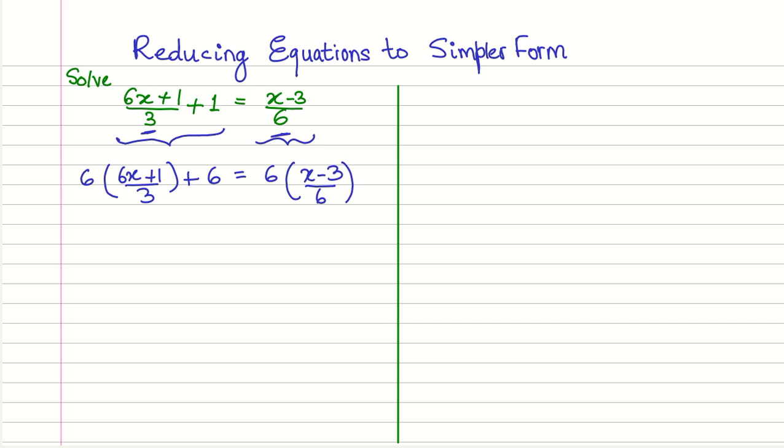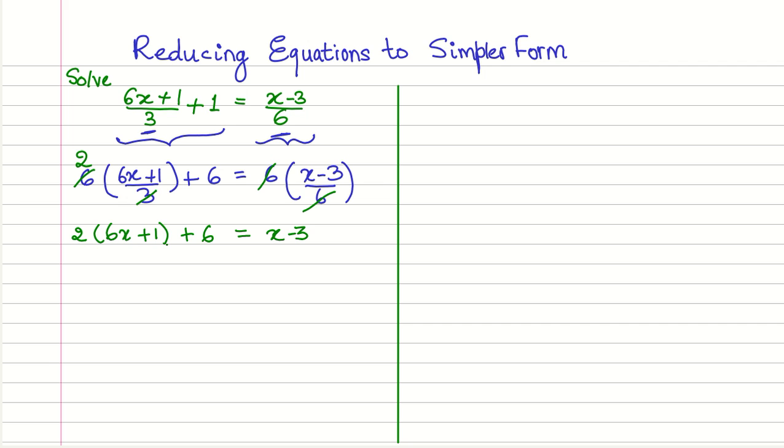Now if we simplify, the 6 gets cancelled on the right hand side and all we have is x - 3. Now let us look at the left hand side. 3 times 2 is 6, so we have 2 times (6x + 1) plus 6.